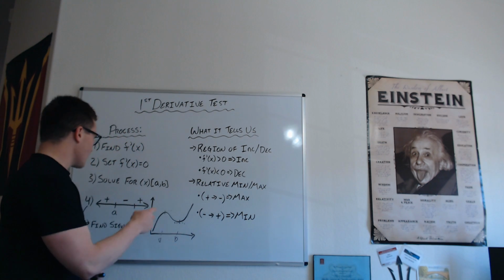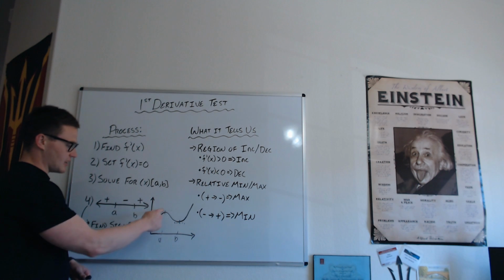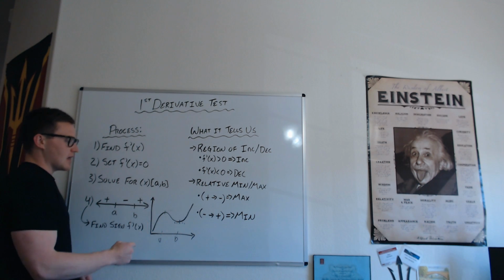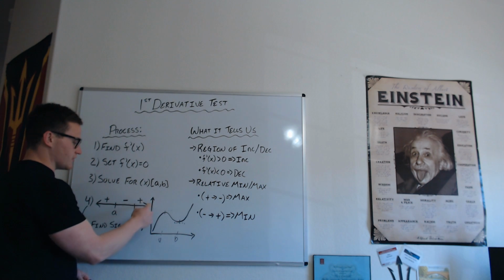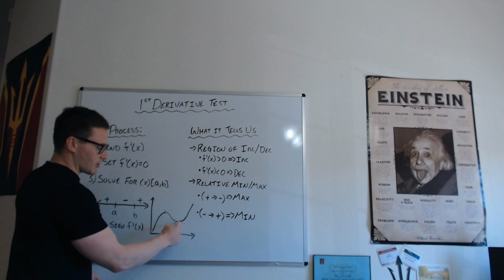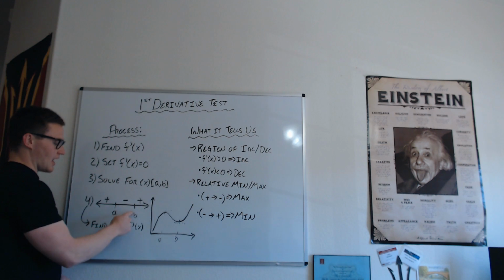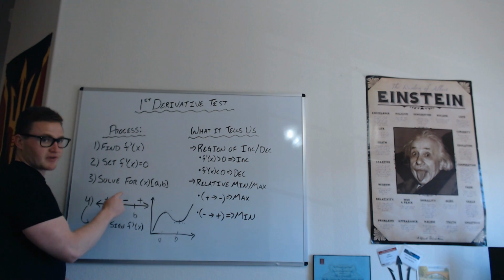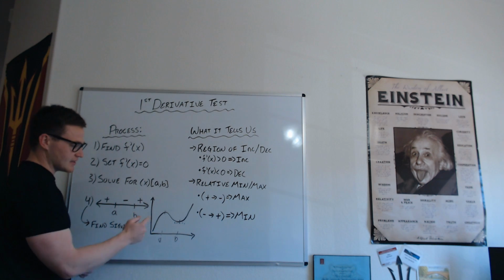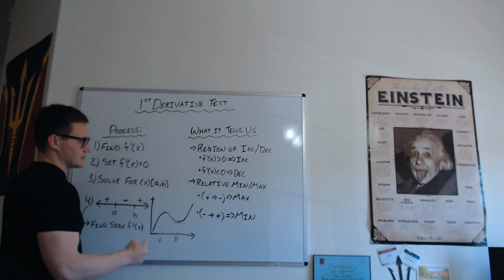So right here, in the region from negative infinity to a, we're going to be increasing. In the region from b to infinity, our f prime of x is greater than 0. So again, we're going to be increasing here. But in the region between a and b, f prime of x is negative or less than 0, so our function is going to be decreasing in this region.